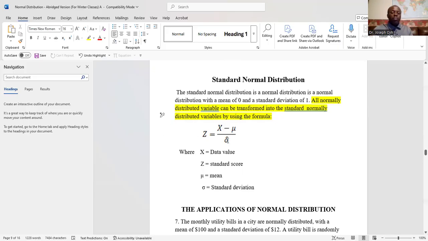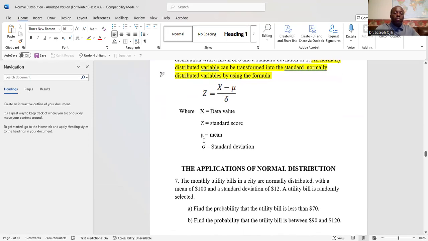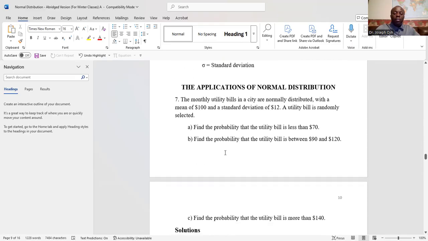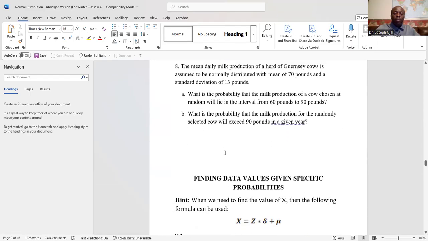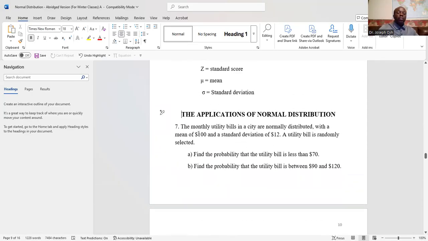Z equals x minus mean divided by the standard deviation, where x is the data value, Z is the standard score, mu is the mean, and sigma is the standard deviation. We can apply this in maybe one or two examples. So you can see how this can be done.